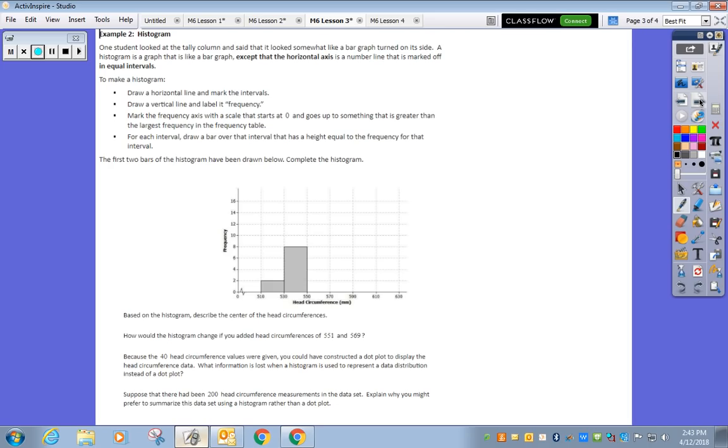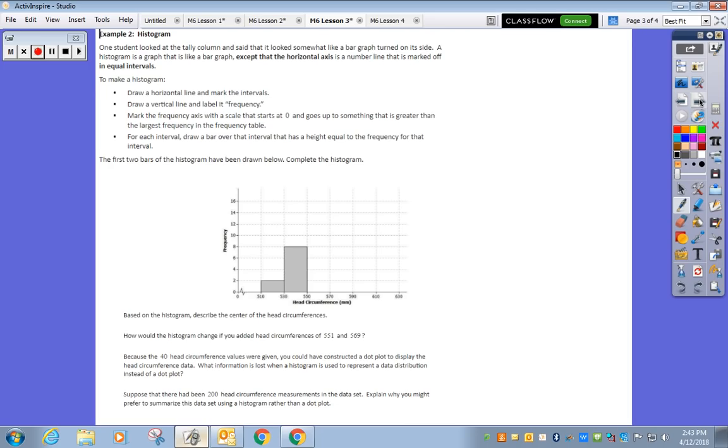To make a histogram, draw a horizontal line and mark the intervals. Draw a vertical line and label it frequency. Mark the frequency axis with a scale that starts at 0 and goes up to something that is greater than the largest frequency in the table. For each interval, draw a bar over that interval that has a height equal to the frequency for that interval.